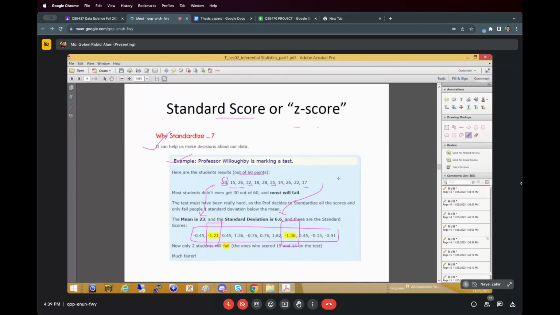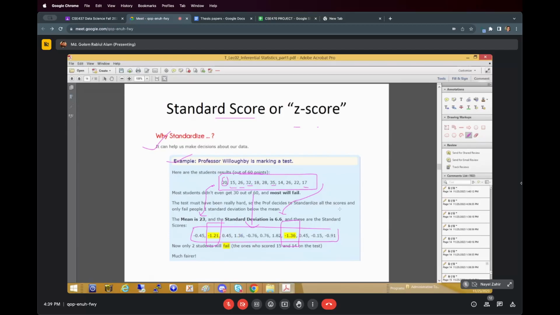So he can think about something relative, or close relations. To find out the close relations, he can convert these values to a standardized score, using the Z score formula.